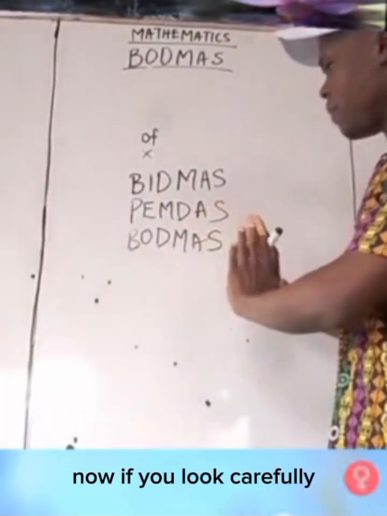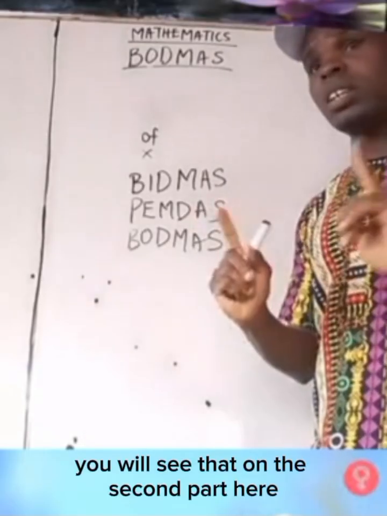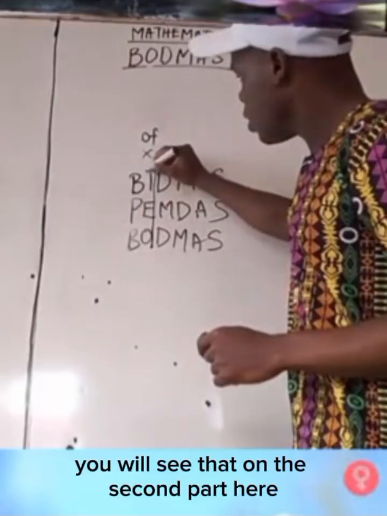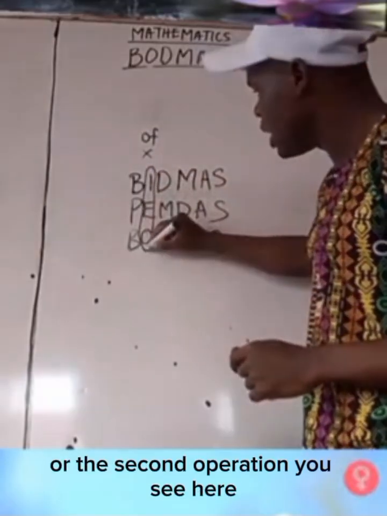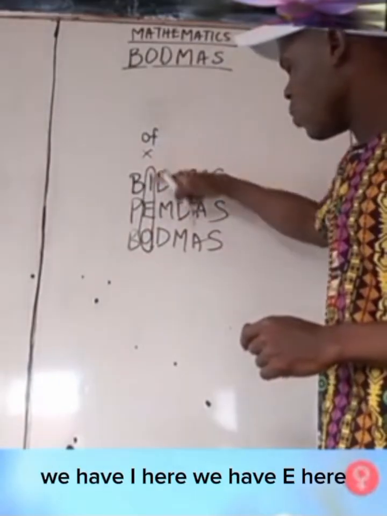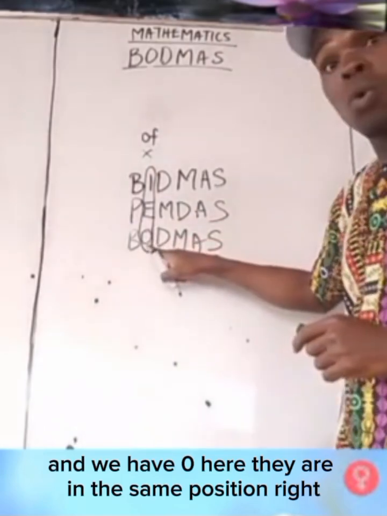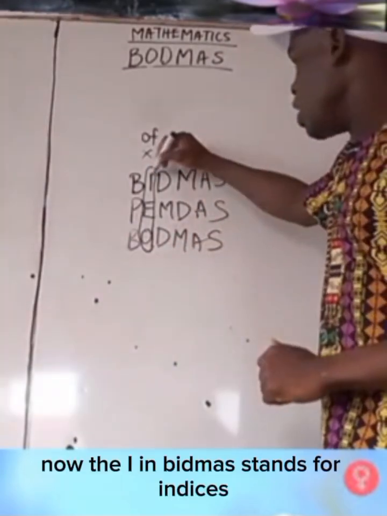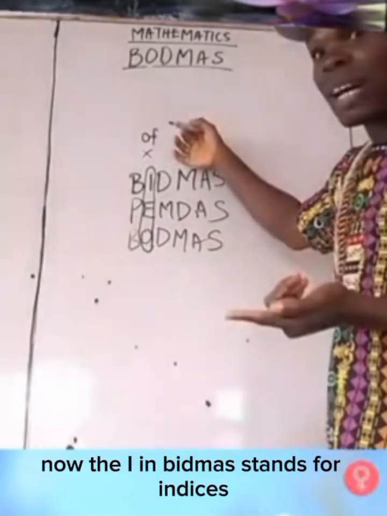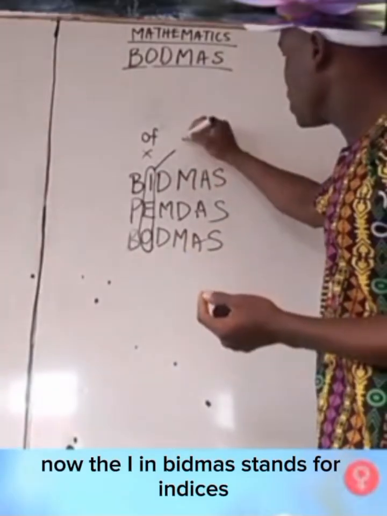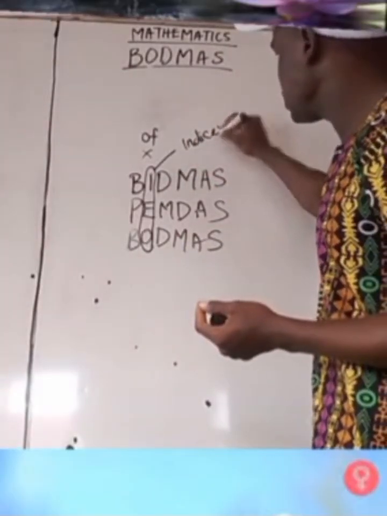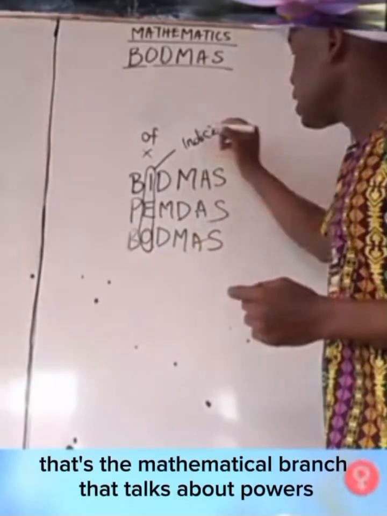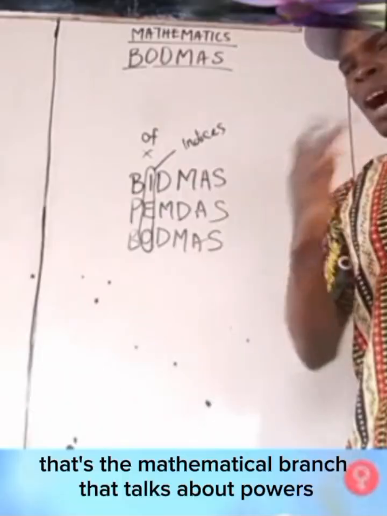Now, if you look carefully, you will see that on the second operation, we have I here, we have E here, and we have O here. They are in the same position, right? Now, the I in BODMAS stands for indices. I believe you know indices. That's the mathematical branch that talks about powers.